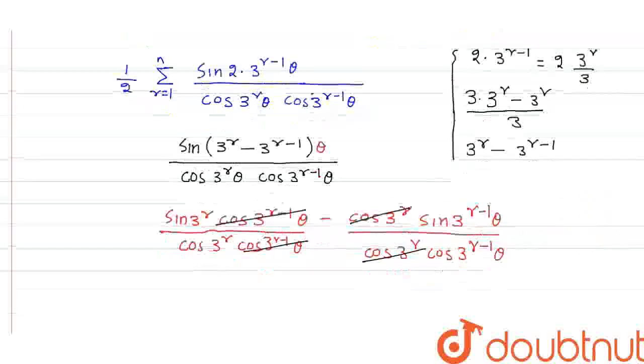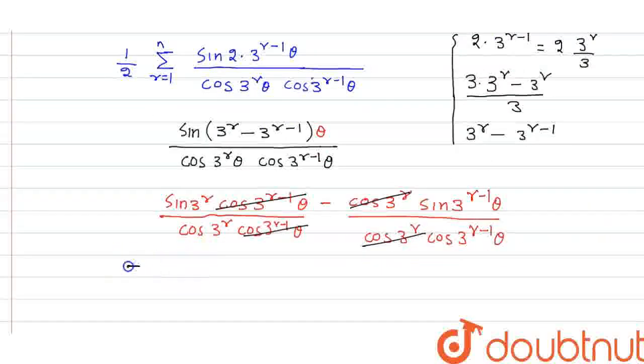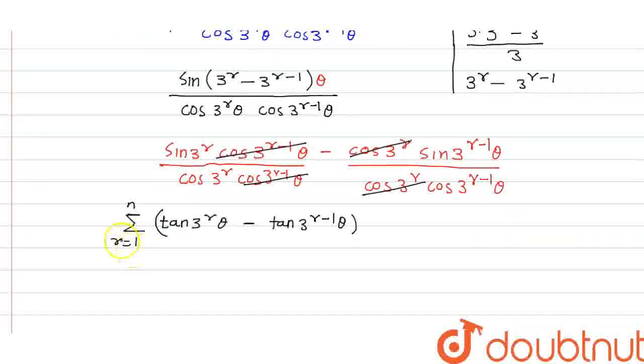So what are we left with? The summation for r is equal to 1 to n of tan 3^r theta minus tan 3^(r minus 1) theta. Now open this summation.